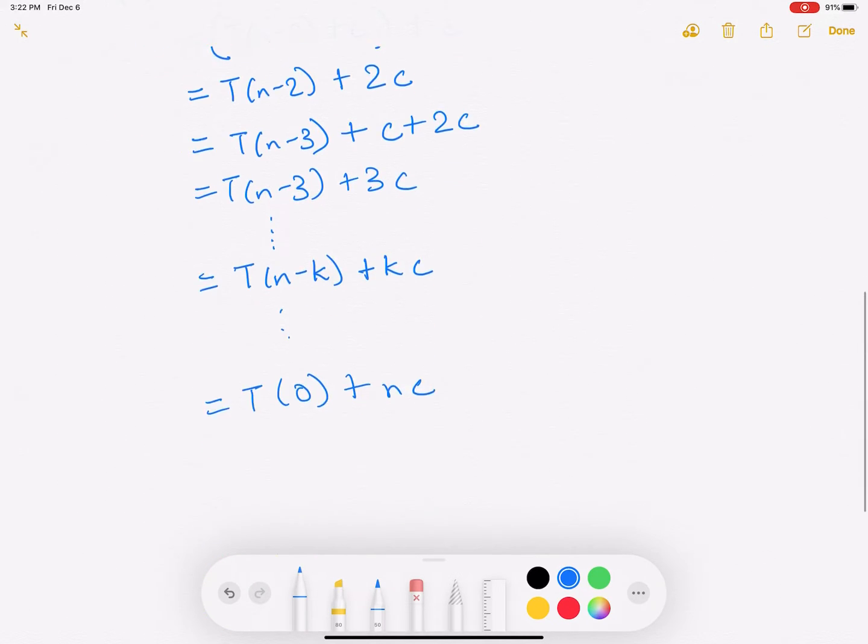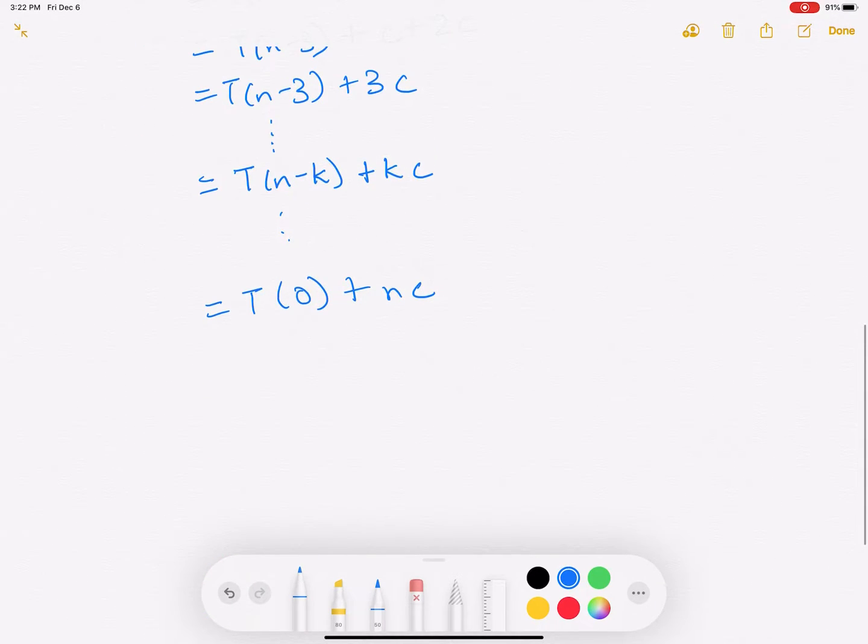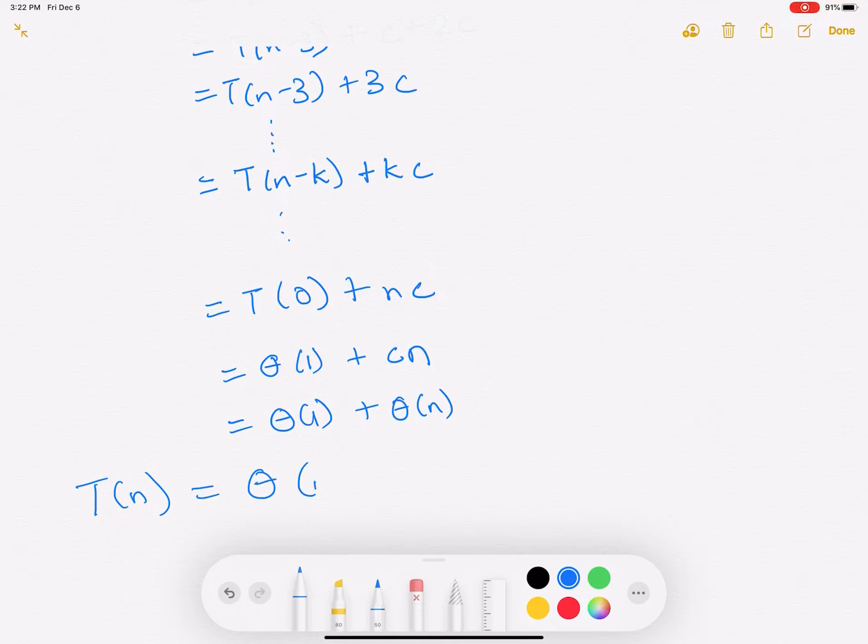So that is nothing but theta 1 plus cn, which is theta 1 plus theta n. So our T(n) evaluates to theta of n in this case.